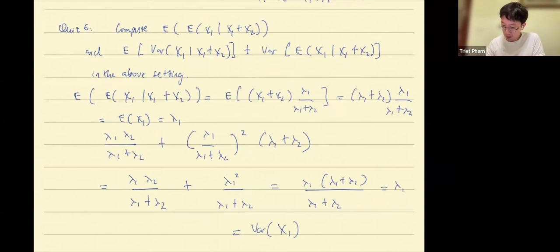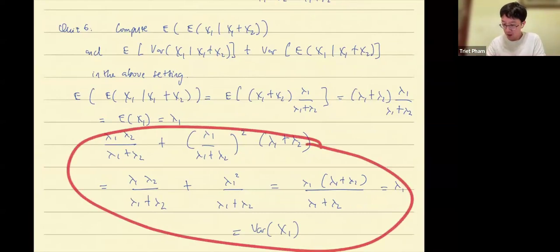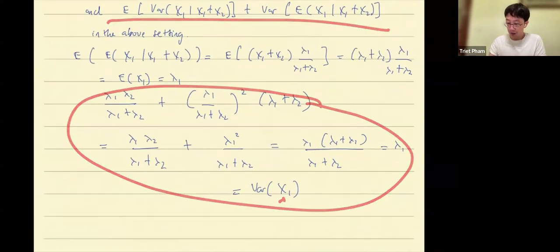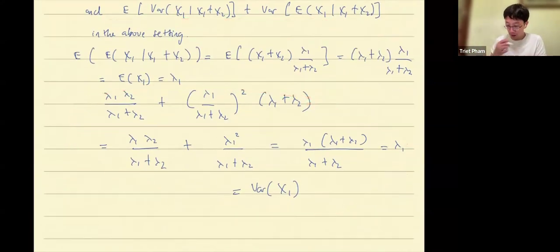So this calculation gives us an example of the conditional variance formula, which says that the variance of a random variable is the expectation of the conditional variance plus the variance of the conditional expectation.